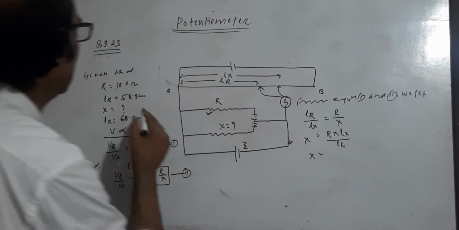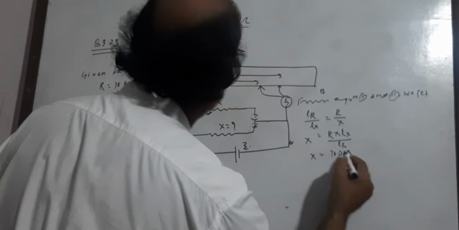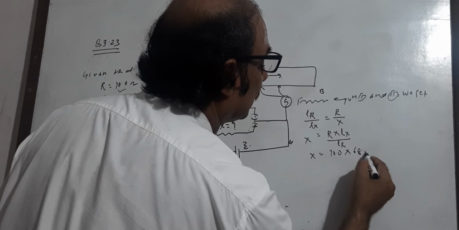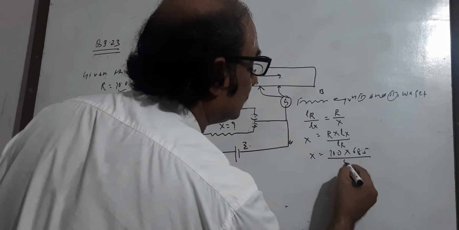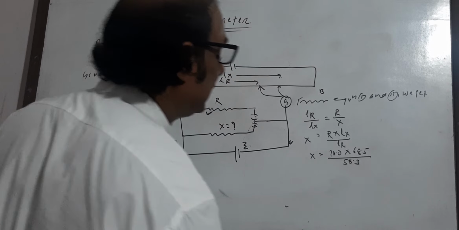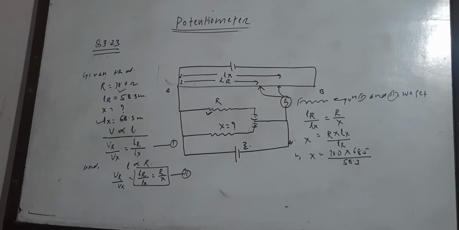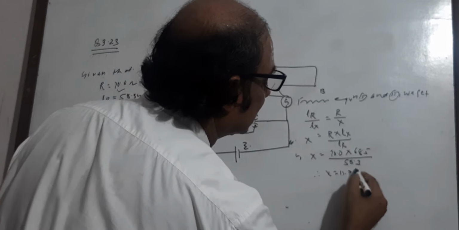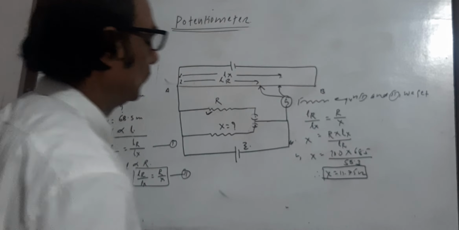X equal to 10 into 68.5 by 58.3 centimeter, and the overall value of X is equal to 11.65 ohm. So this is the value of the unknown resistance.